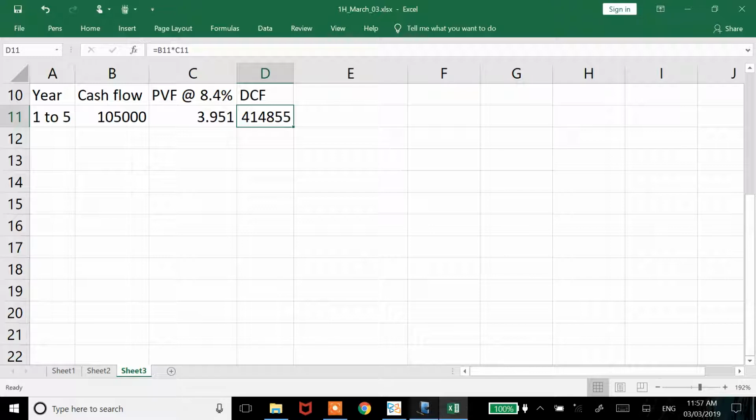If I don't consider tax, it could give me altogether a different solution. 1,05,000 into 3.951 is 414,855. Any doubts on this? Clear?